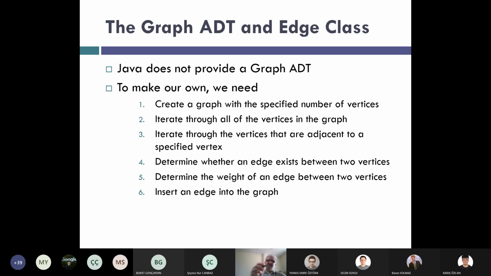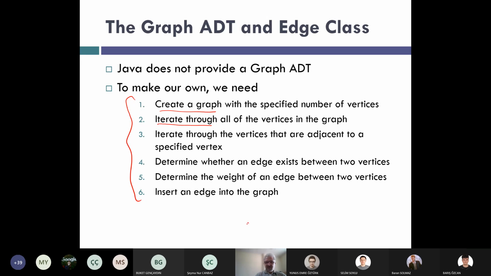But for our graph, we need these operations to be supported by the graph abstract data type. Remember, abstract data types are a list of operations. So we have to be able to create a graph with a specific number of vertices. We have to be able to iterate through all the vertices in the graph. And another iterator to iterate through the vertices adjacent to a vertex.